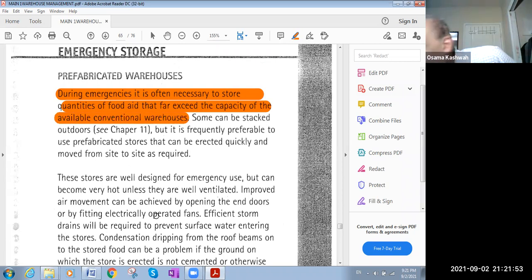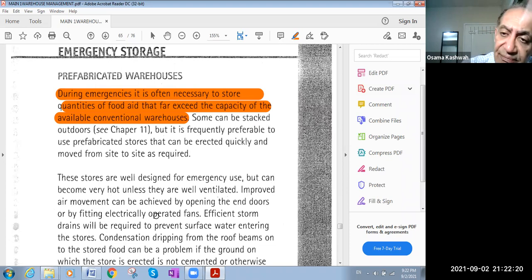Sometimes, like you always see on TV, a place is harmed by hurricanes or volcanoes or tsunami, and they're expecting help or aid from other countries. So they don't have a place for putting their stuff for warehousing.